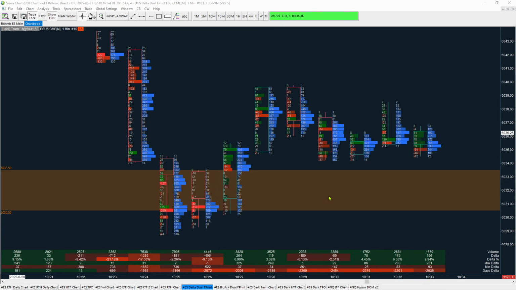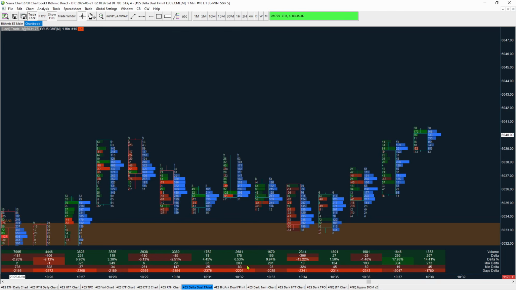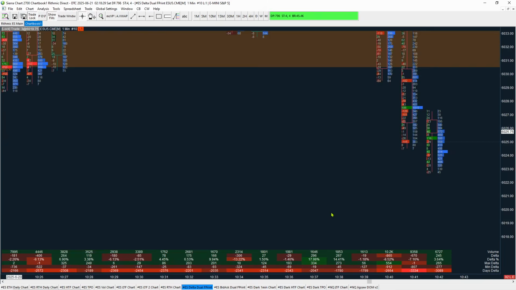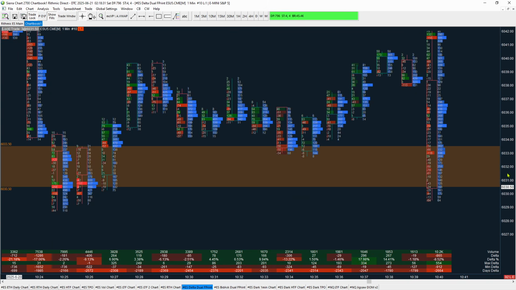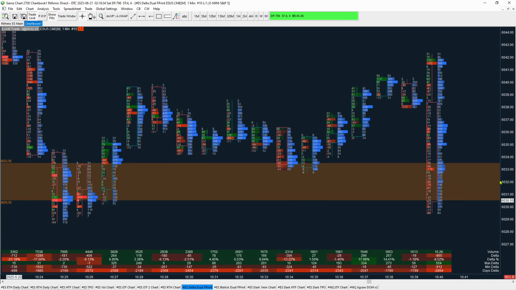So if we took this trade, we could have taken it at the flip. So let's say we take it at 32, our stop is like 29, 3 points. Let's say we take it long there. We put our stop there.